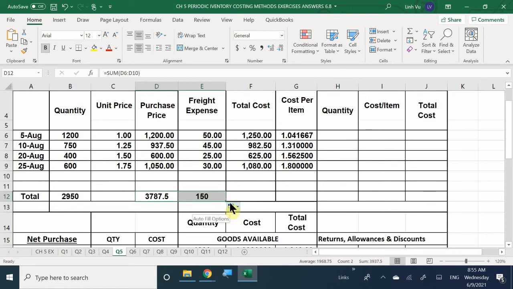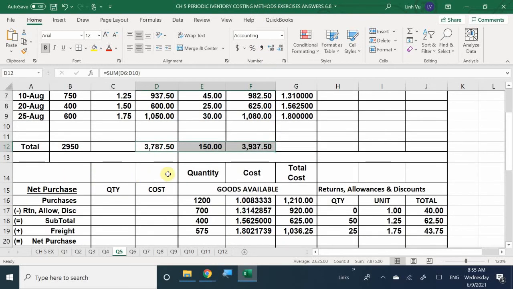And last but not least, what is my total cost of my original purchases? I got $3,937.50. Yes. All right. Okay. So those are those totals right there.